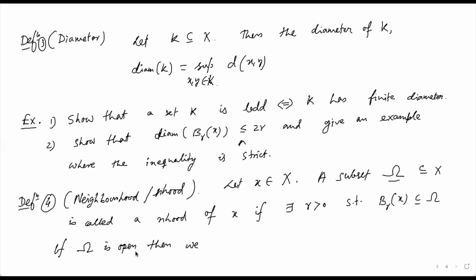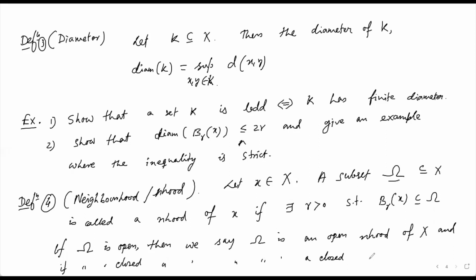Okay, and if this subset omega is open, then we call it an open neighborhood of x. And if it is closed, then we say that omega is a closed neighborhood of x.